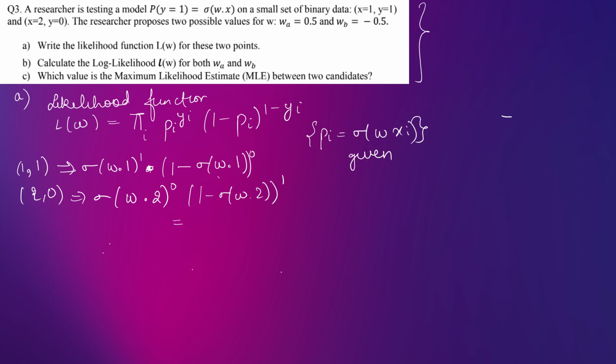Then we have the answer as 1 minus sigma of 2W. Here we get this, and here we got sigma of W as the answer.